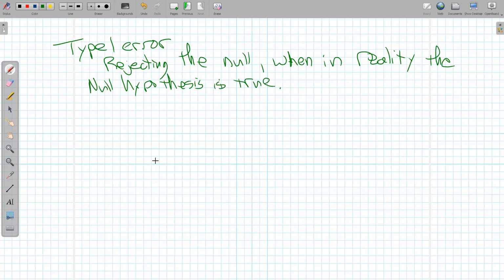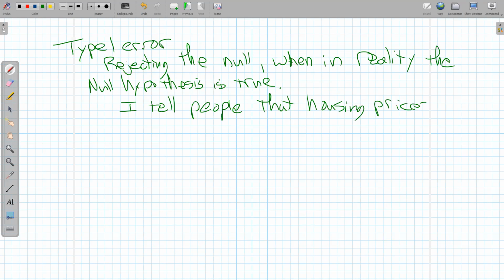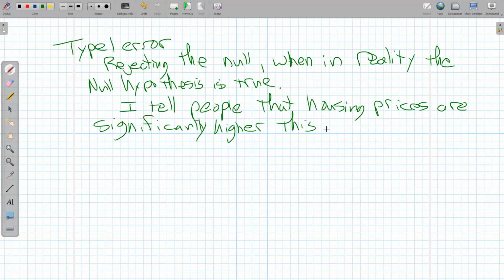So what does that mean? Okay, so I'm telling people that housing prices are significantly higher this year, when in reality, they're actually not.